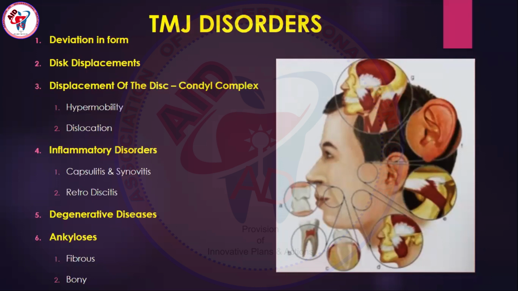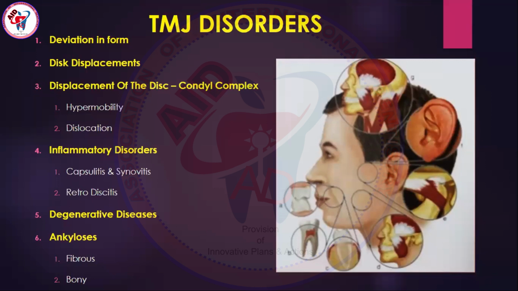Then in between is the disc, and this disc has different displacements, and we are going to cover this displacement today, inshallah, in detail. And then this displacement of the condylo-disco complex, or disco-condylar complex, results in hypermobility and high dislocation as well. It is called the discocondylar complex because the whole system is being displaced in the anterior aspect.